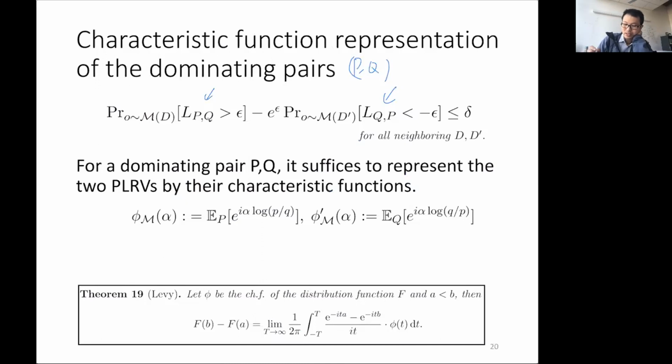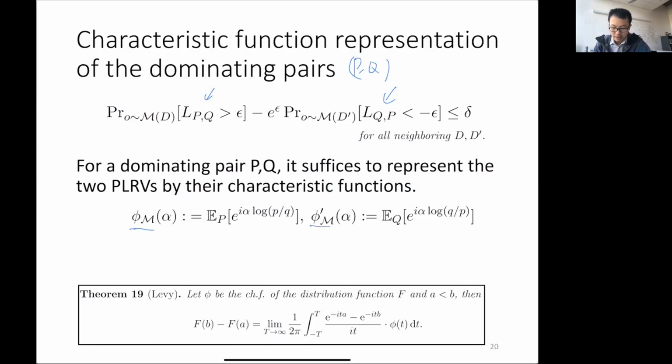So what is a characteristic function? It's closely related to the Fourier transform, and it's also closely related to the moment generating function that we saw earlier when we defined Renyi differential privacy. We call them phi functions of this mechanism M, and for each M there are two of them, one for LPQ and the other for LQP. We denote these by phi and phi prime.